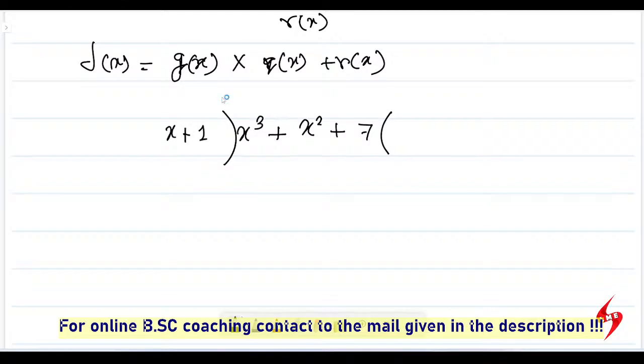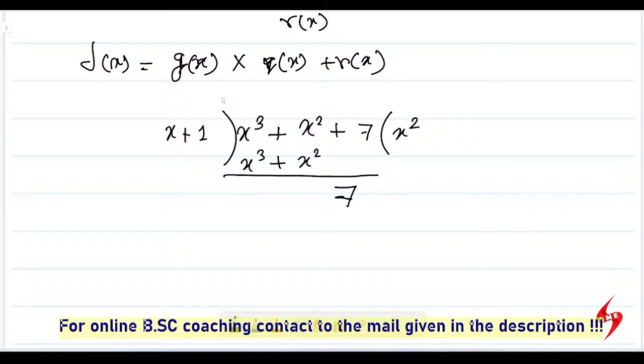At first I am using x square here, because here the power is 3 and here the power is 1, so we must take the power as 2, so that 2 plus 1, the power will be 3. So x square into x plus 1 will be x cube plus x square, and there is the remainder 7.